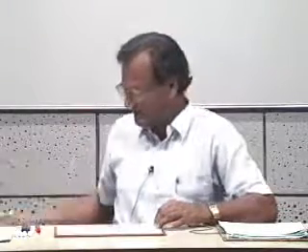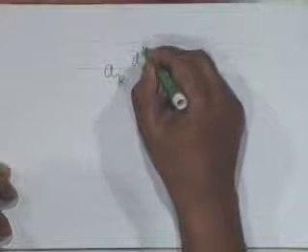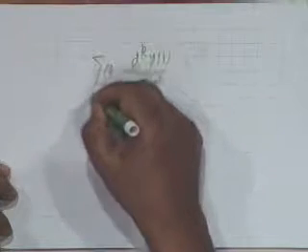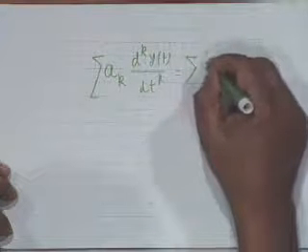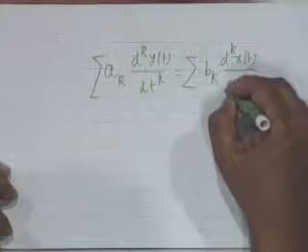So, analog continuous time system description in practice, if you are investigating the vibration of a stretched string, or the vibration of a pendulum, or the behavior of a given RLC circuit, or an active filter, all that you can do is to write a differential equation of the form summation a_k d^k y(t)/dt^k equals summation b_k d^k x(t)/dt^k.